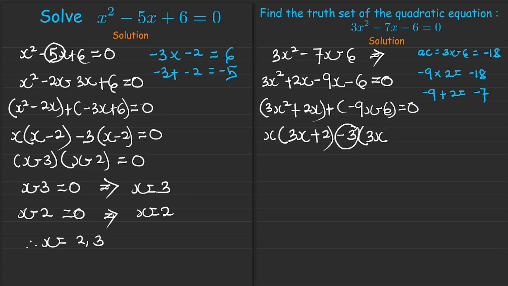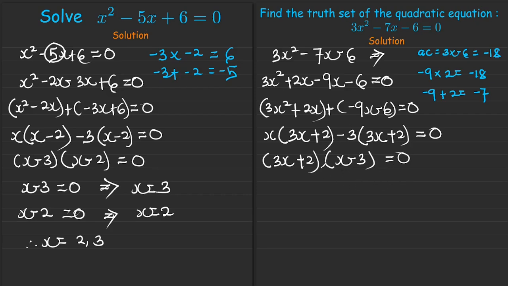Then negative 3 times what also gives us a negative 6. That is a positive 2. Is equal to 0. So since these two brackets are the same, we write that out so that we have 3x plus 2. Then we now write our coefficient also in one bracket. That is x minus 3 equals 0.